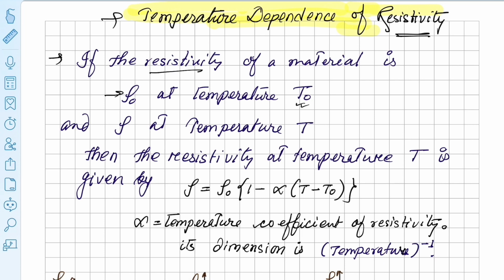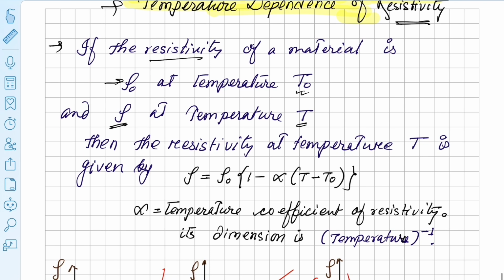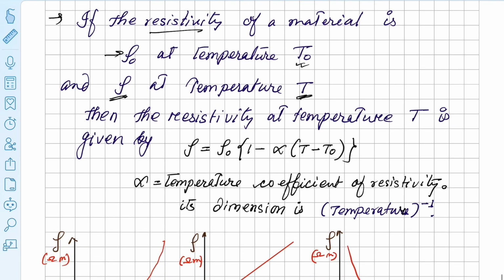You see, rho naught is the resistivity at temperature T naught, and the resistivity changes to, suppose, rho when the absolute temperature is T. Then the resistivity at temperature T is given by this relation. Hope you understood this.